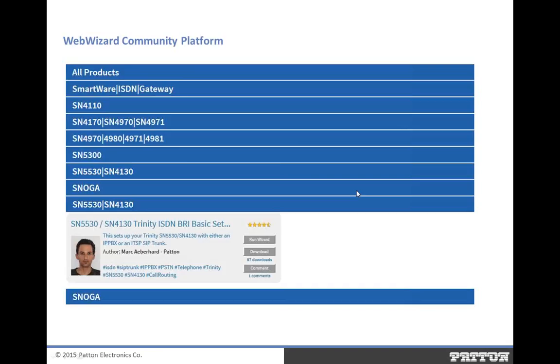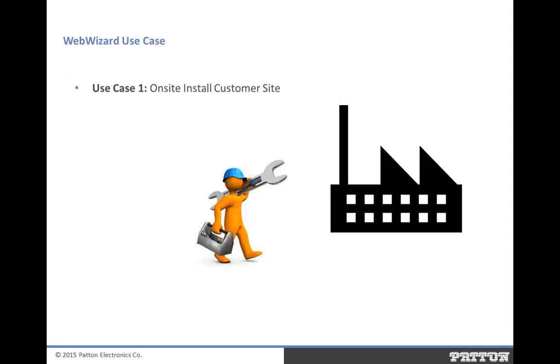Yeah, absolutely. So by explaining the two functions we have here, Run Wizard and Download Wizard, I want to start by taking a use case as a reference. Use case number one is when you go on site to a customer doing the install.